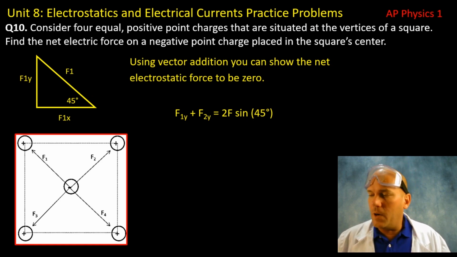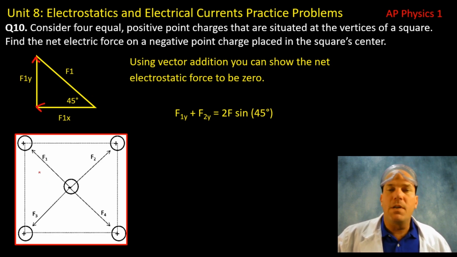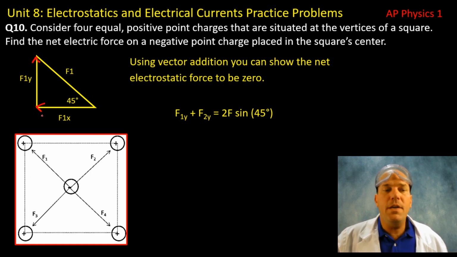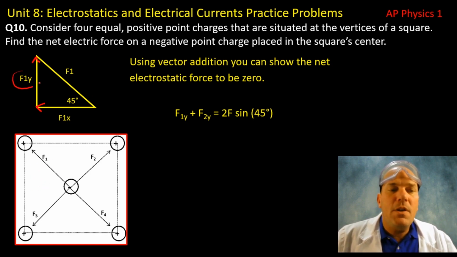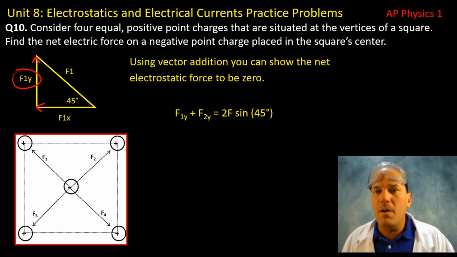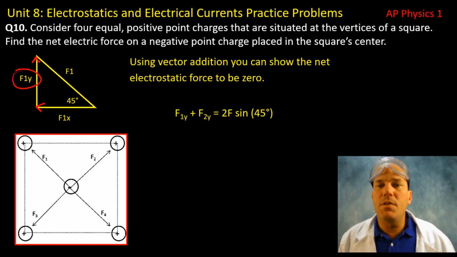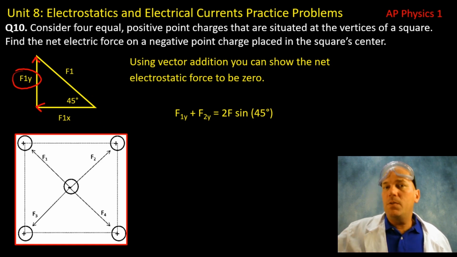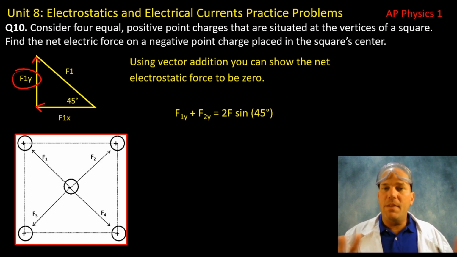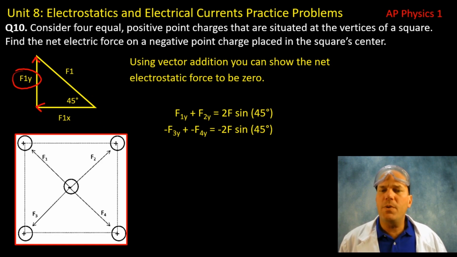And going back to our diagram here for this particular one, which was this triangle over here, you can see if we're looking to solve for that vertical component, it is opposite of our angle theta, 45 degrees. So we can use a sine function here, and it's 2 times that because everything else is identical for these charges.